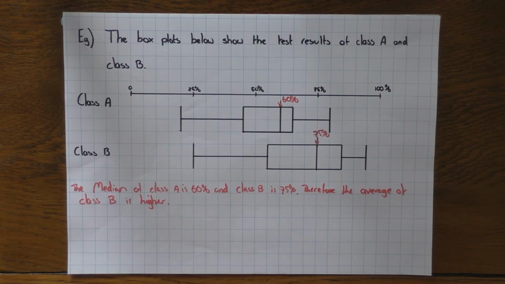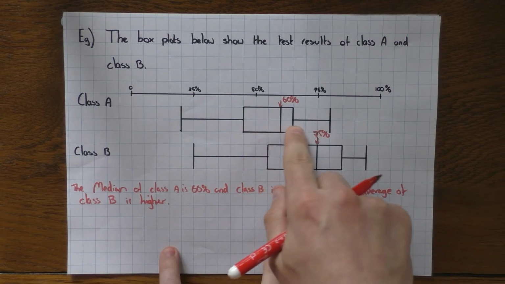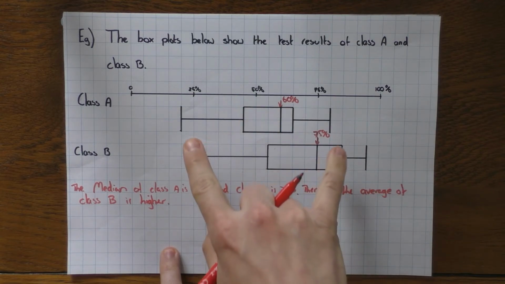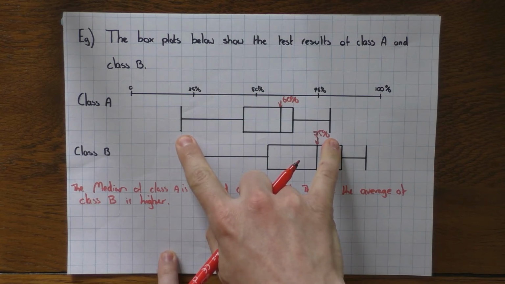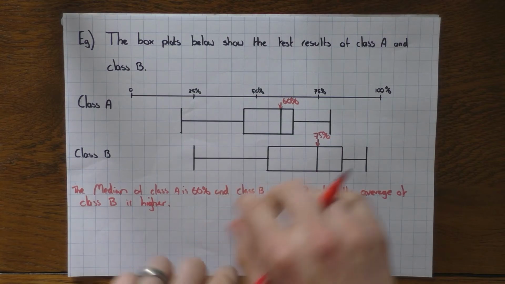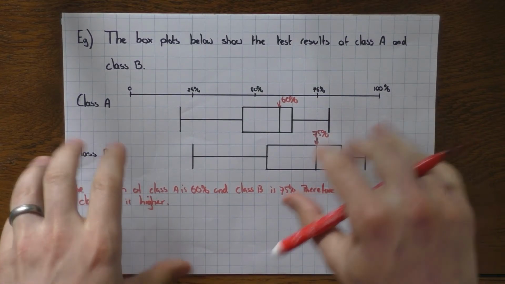The second thing to compare is what we call the measure of spread, which basically is looking at the range or the interquartile range. Now, it's better to look at the interquartile range, which remember is the box, than it is the whole range. The reason for that is that with any set of data you might have what's called anomalies or outliers.